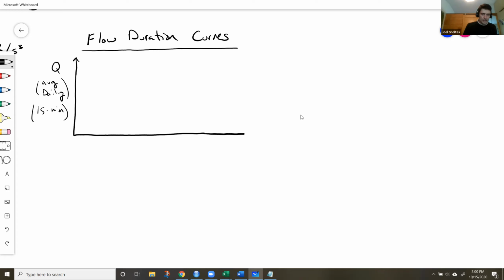Basically what you represent then, so we have Q on the y-axis, and then on the x-axis you have, we can call it, percent of time a flow rate is equaled or exceeded.